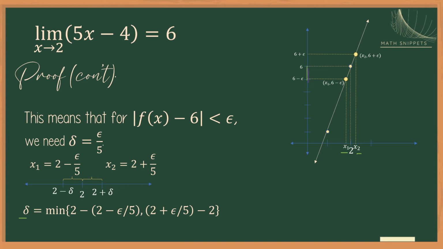So we just substitute. This is x sub 1. This is x sub 2. Whatever the minimum is, that's what we give for delta. If we simplify this, we get epsilon over 5. The values for each of these is epsilon over 5. So therefore, our delta must be epsilon over 5.